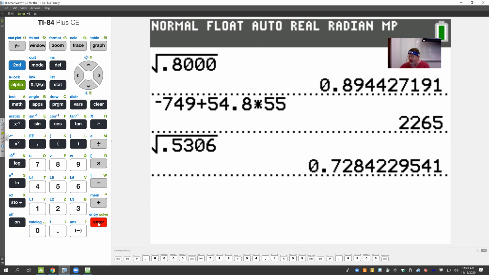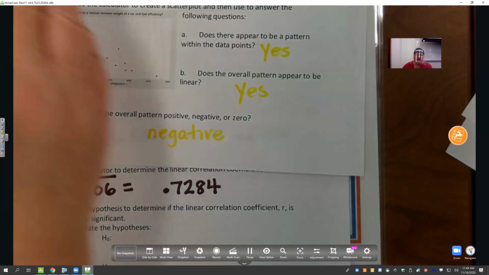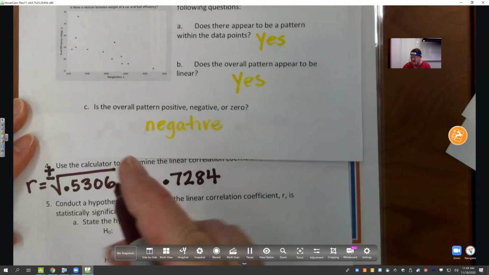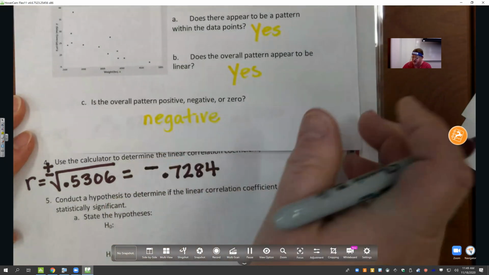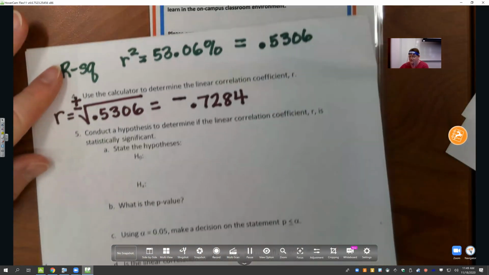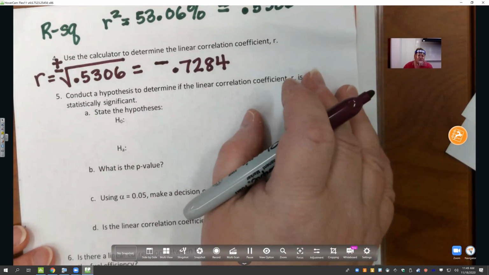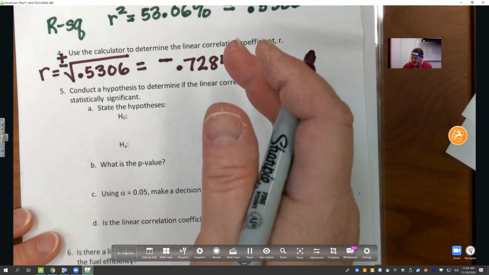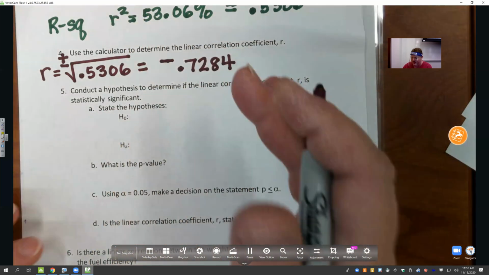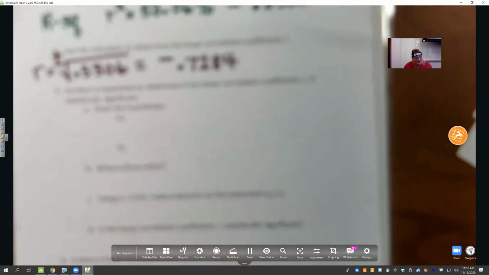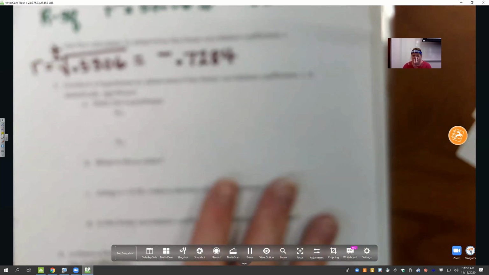But then remember, go back, because we said visually that the pattern appeared to be negative. So that means the R should be negative. So my R value here is negative 0.7284. Again, thinking about, is that close to -1? Kind of, sort of.